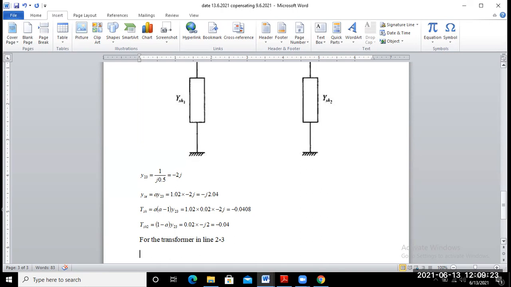So just find out the new elements of Y22, Y33 and Y23.